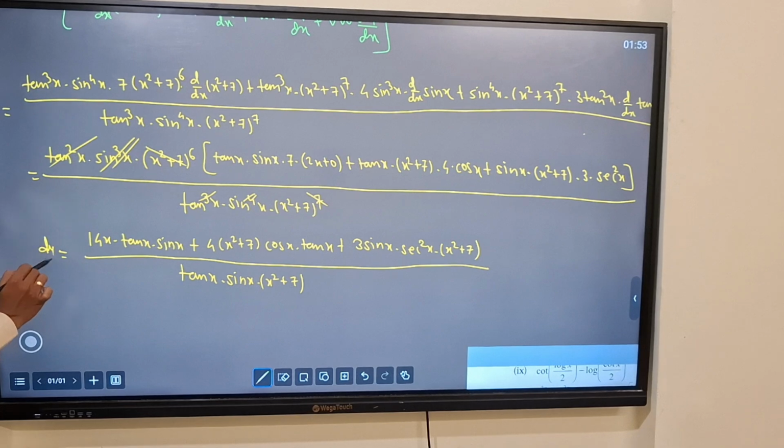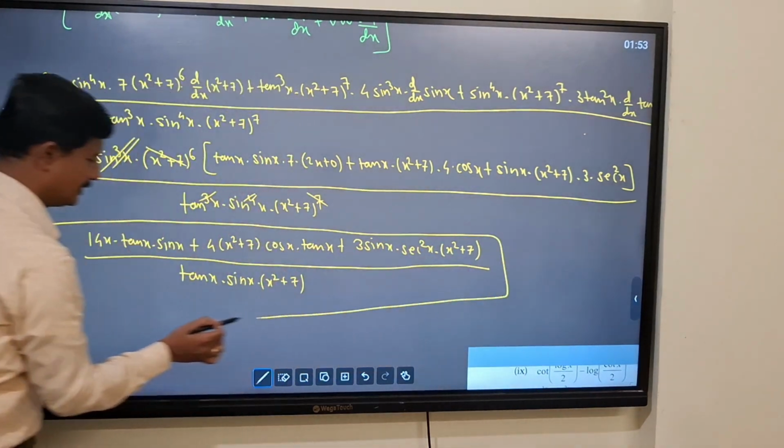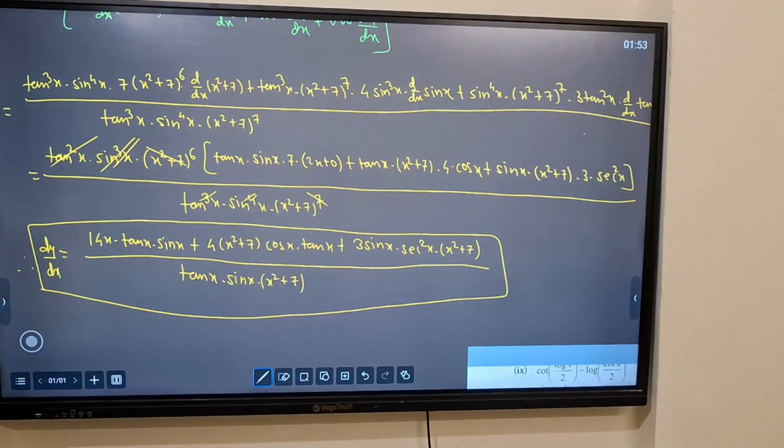So this is your answer by the second method. This is quite lengthy. You can use the rule of logarithm.